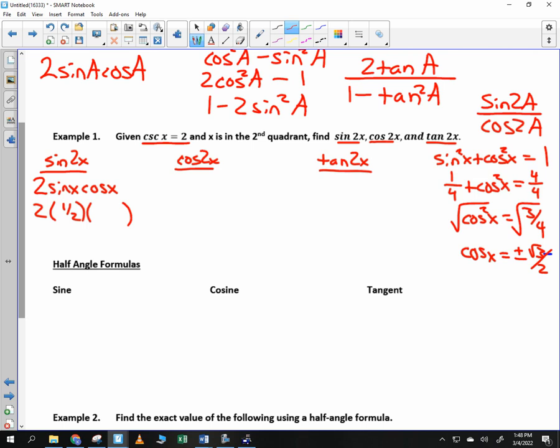But what we do want to know is, is it going to be positive or negative? Cosine is negative in the second quadrant. So therefore, we choose a negative root of 3 over 2. Yes, good. So, any questions where we've come so far?